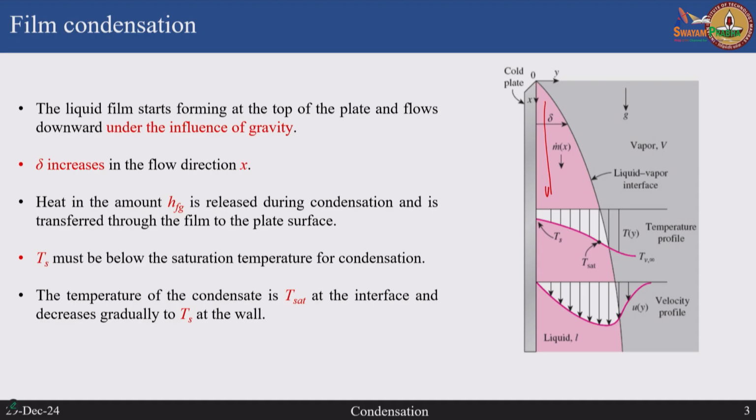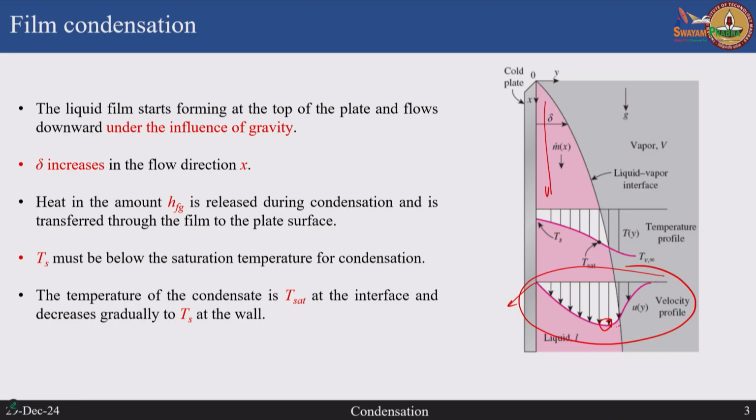The velocity profile looks something like this. There is a no-slip boundary condition here, then the velocity gradually increases and reaches a maximum value somewhere close to the thickness of the film, not exactly at the edge but close to it, and again decreases and then reaches 0.